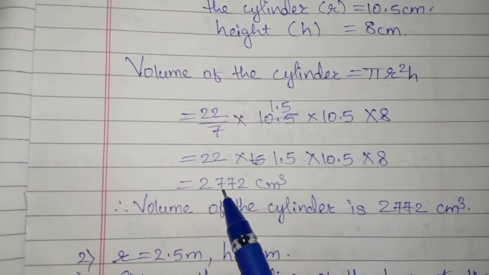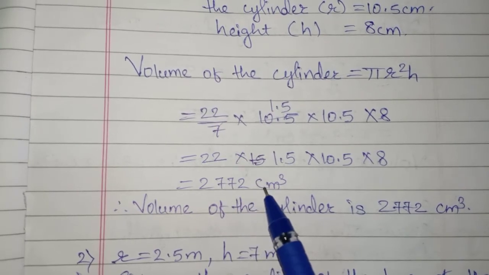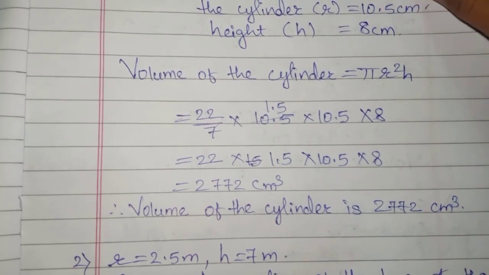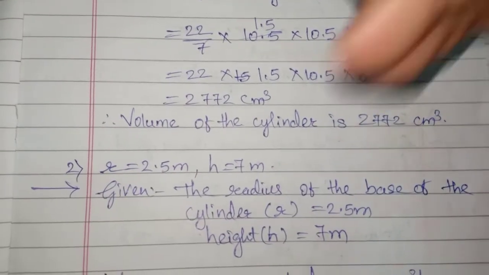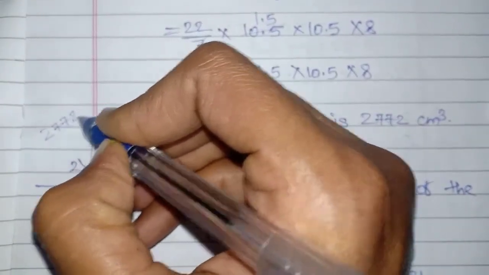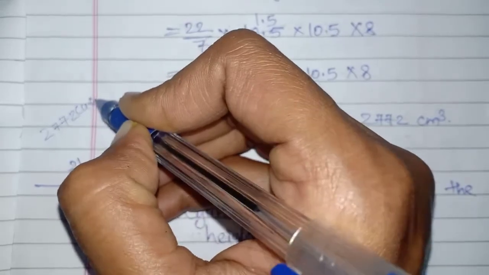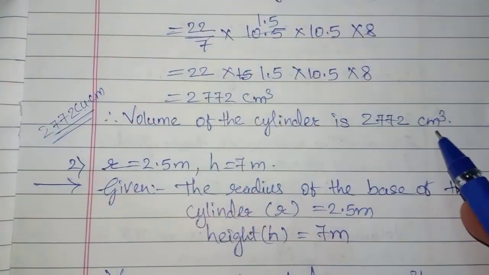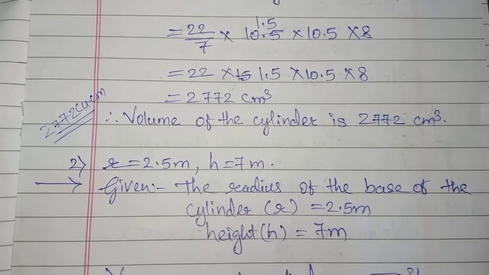Final answer is 2772 centimeter cube. You can write it as 2772 cubic centimeter, or cu. cm, or centimeter cube.